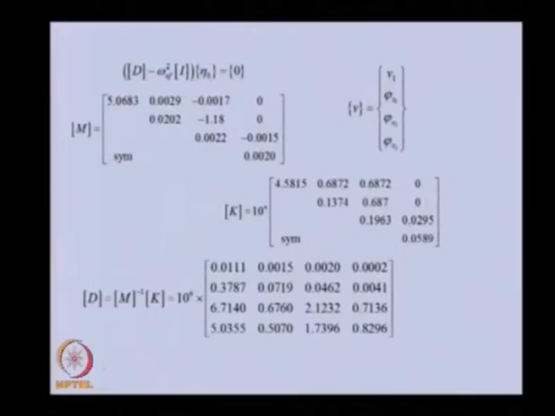Again we can take the inverse of K, so that we will get the D matrix. D is defined as inverse of M into K, that is M inverse into K. We can obtain the eigenvalues of this D matrix, and this will give us the eigenvalues and eigenvectors. The square root of the eigenvalue will give us the natural frequency.